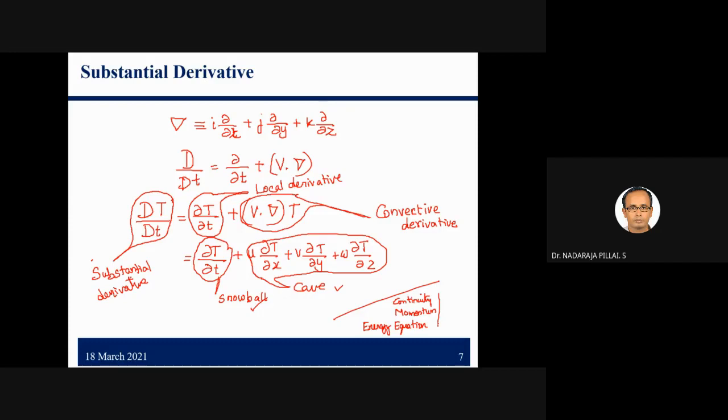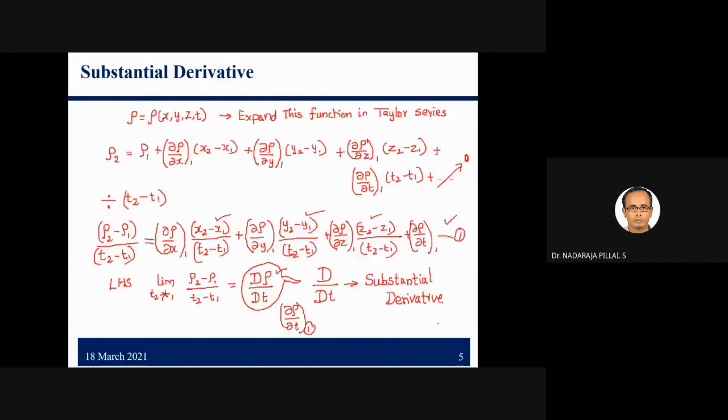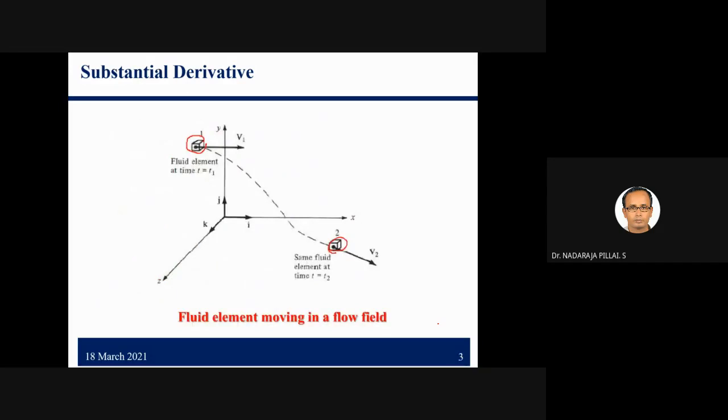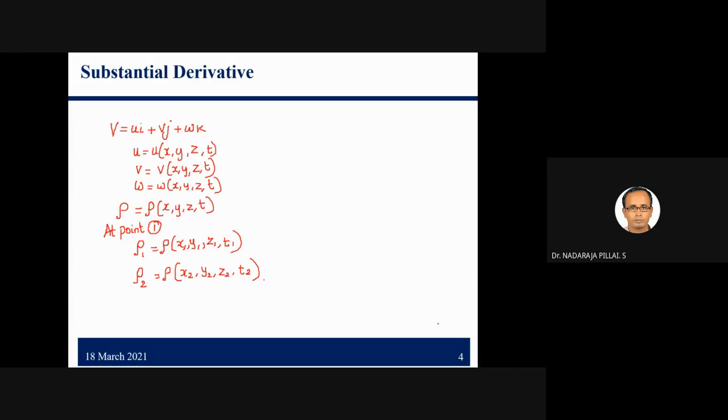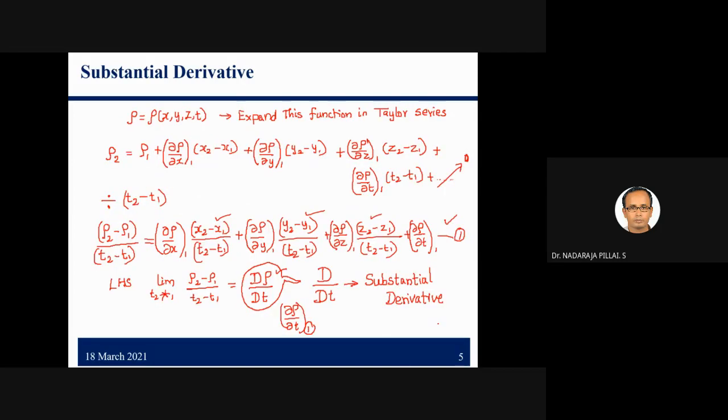So I will continue this again, right? This is our discussion from point 1 to 2: the fluid element is moving, and we consider the velocity field as a vector field, V equal to ui plus vj plus wk. Then u, v, w we have expressed in terms of x, y, z, and t. In a similar way, we can express the density rho, and based on the Taylor expansion, we can write rho2 equal to rho1 and so on.